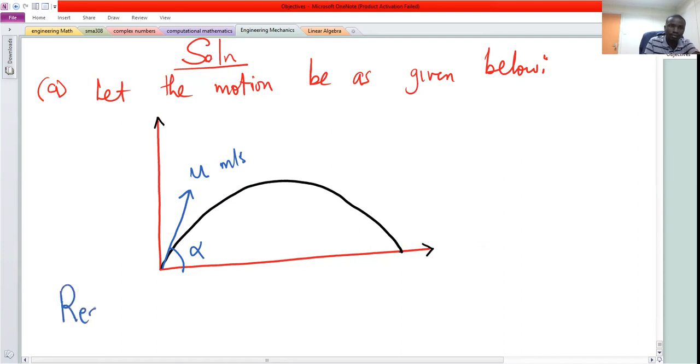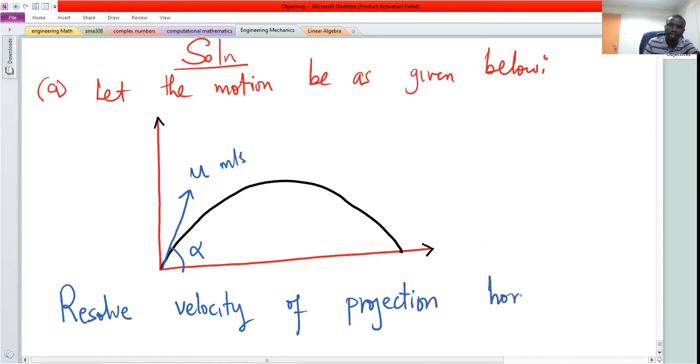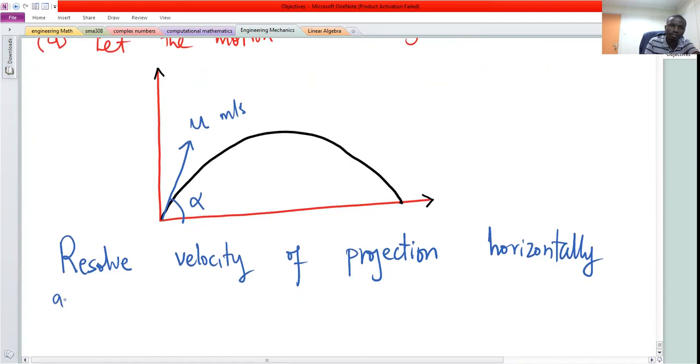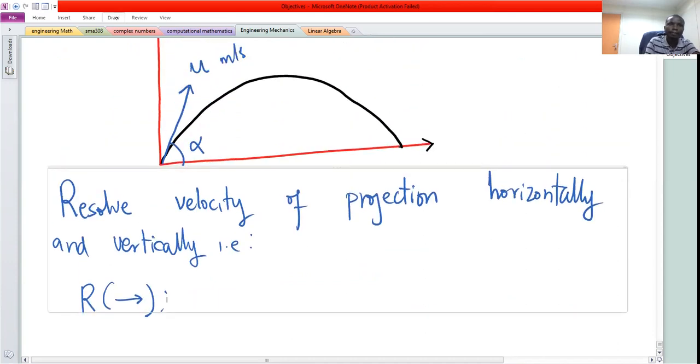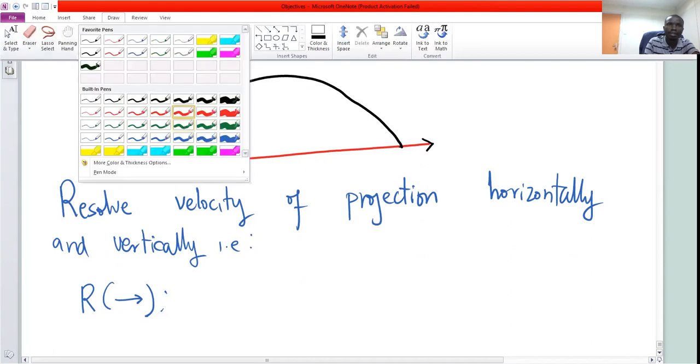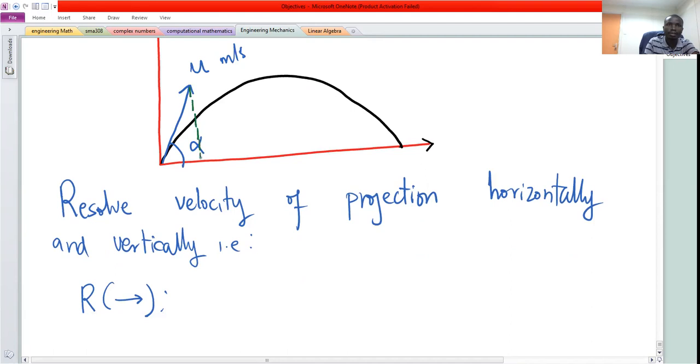Starting with the horizontal, the horizontal component of the velocity will be given by this: draw a right angle triangle here.